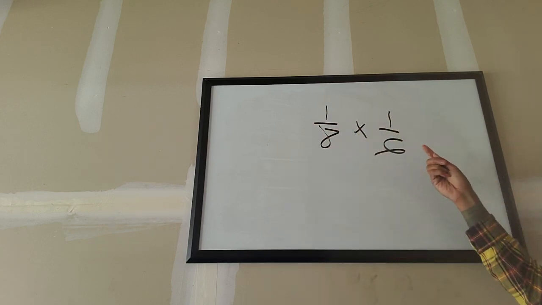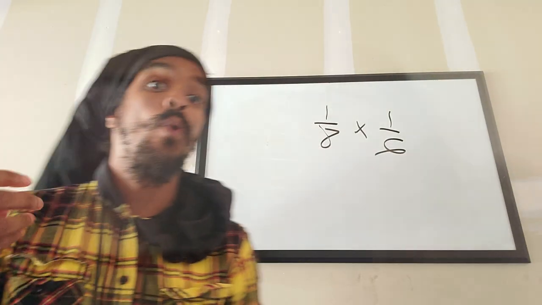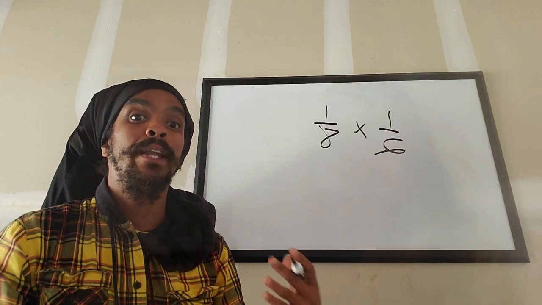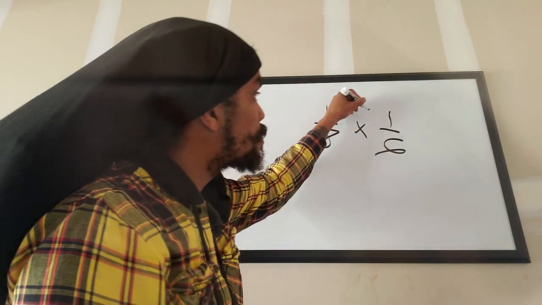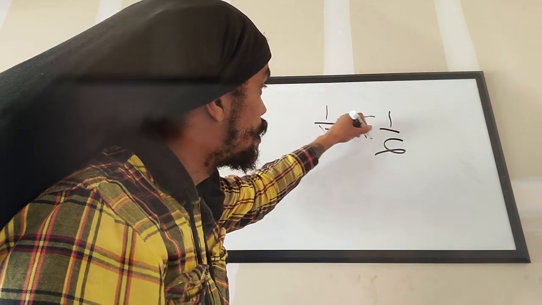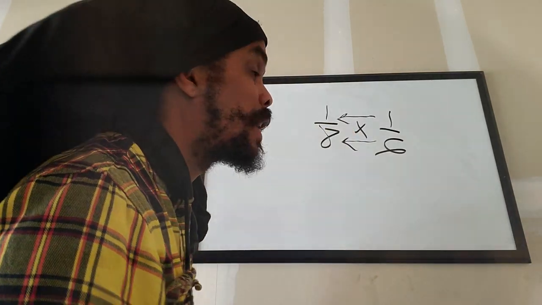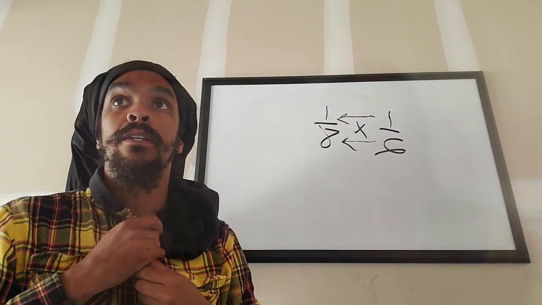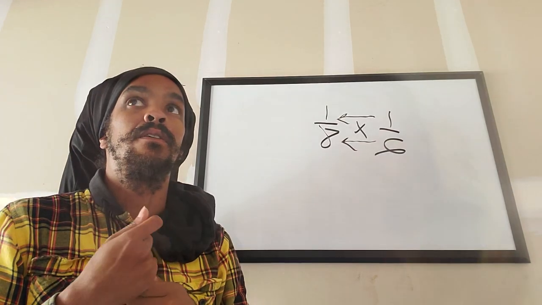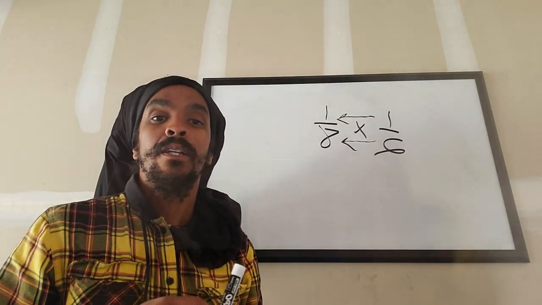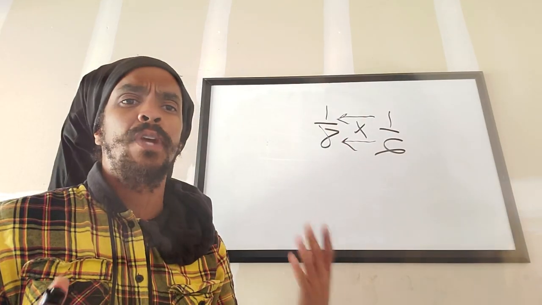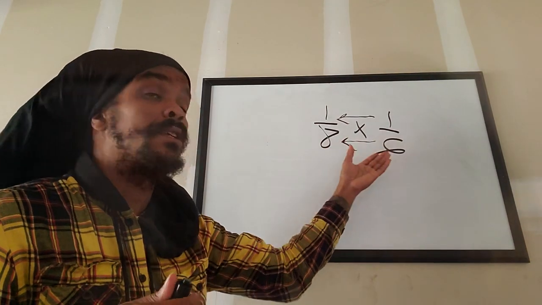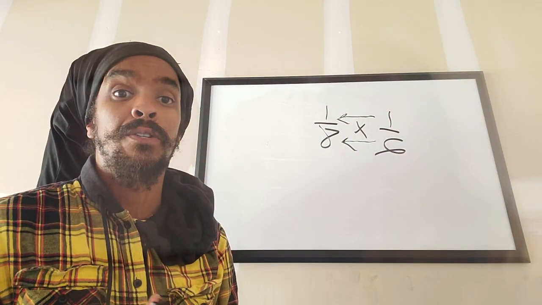So it's 1/2 times 1/4, 1/2 of 1/4. Multiply straight across. That's what I like about multiplication of fractions. To me it's a lot easier than addition or subtraction because you don't have to find the common denominator. All you do is multiply straight across.